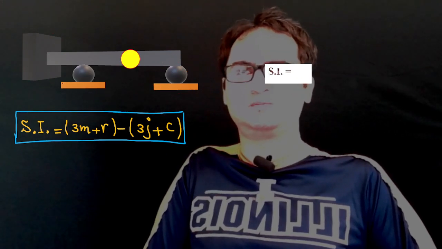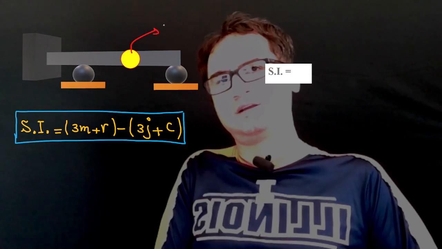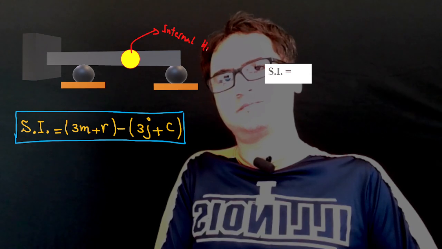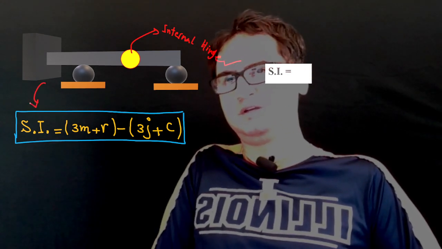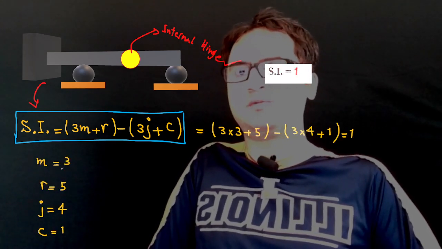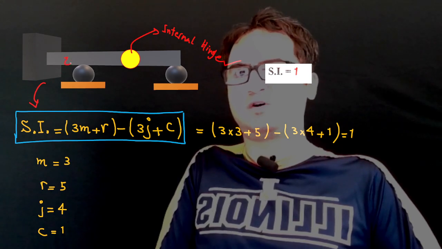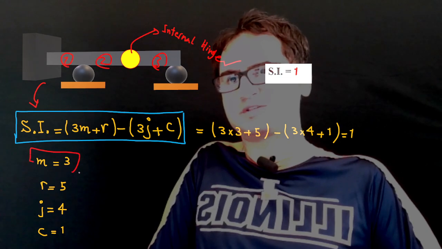Let's review. If this is an internal hinge, as you can see here, use the equation for beams and frames. The number of members, if you call them section 1, section 2, section 3, is 3.